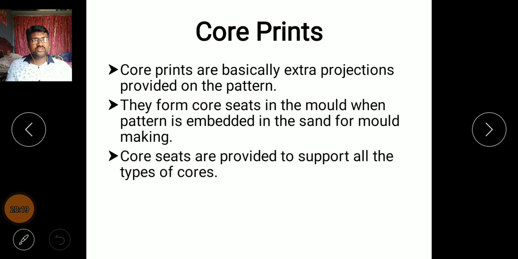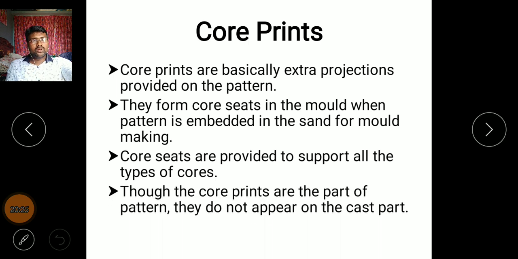Core seats are provided to support all types of cores. The core prints are part of the pattern. They do not appear on the casting because that portion will be hollow.